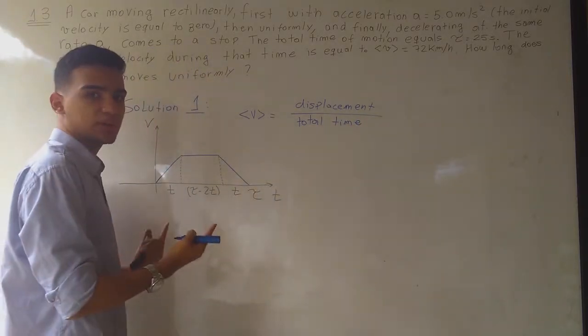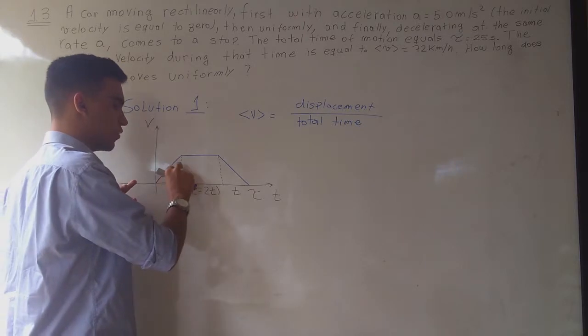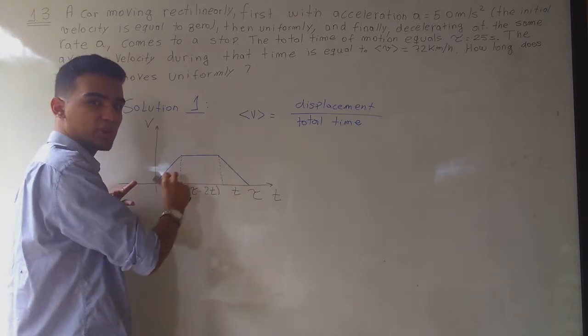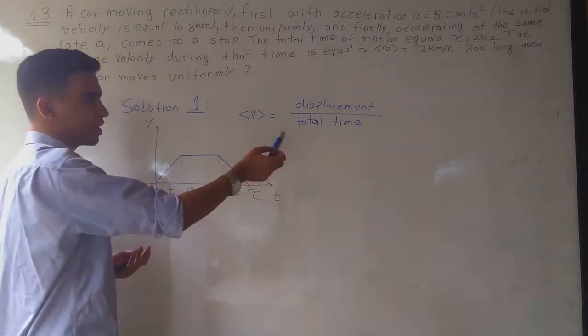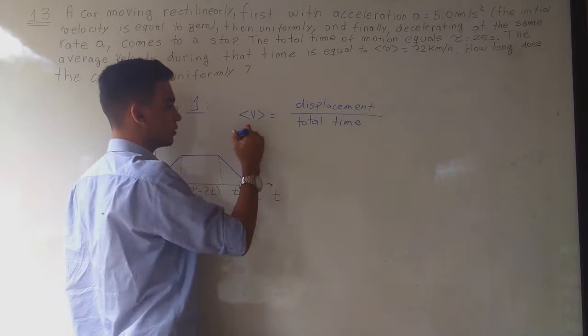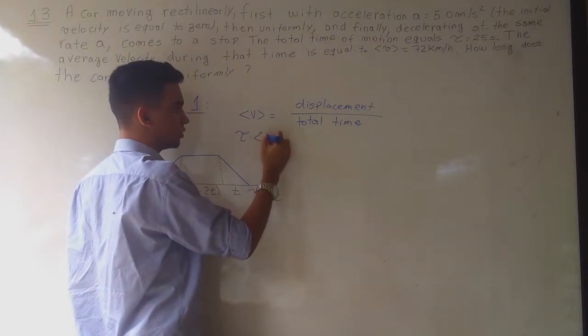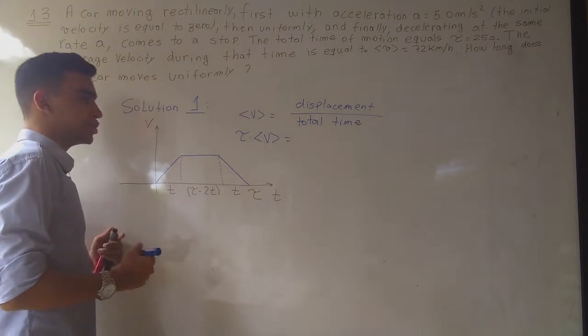Analyzing this graph, the displacement is just the area under this graph, okay? And the total time we know from the equation, that is tau. So average velocity is equal to, what is the displacement?